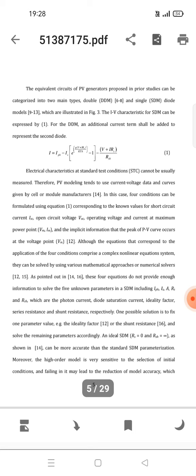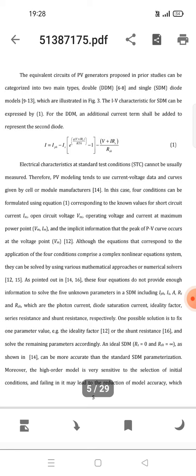The IV characteristics can be expressed from the DDM, and additional current terms shall be added: I equals I_ph minus I_s times e to the power q(V plus I R_s) by kTa minus 1, minus (V plus I R_s) by R_shunt.